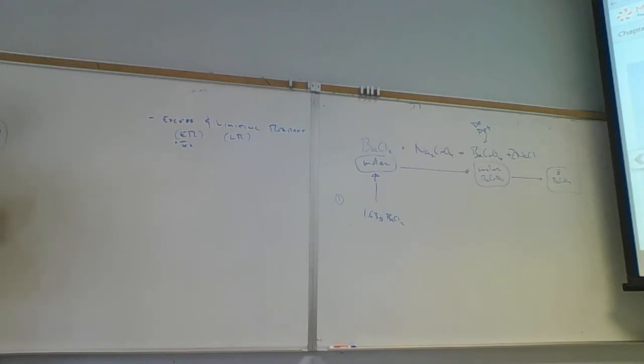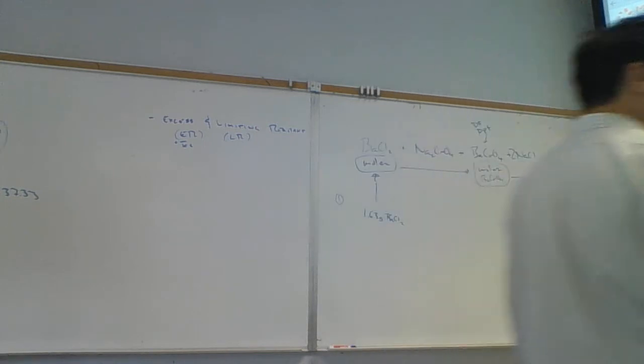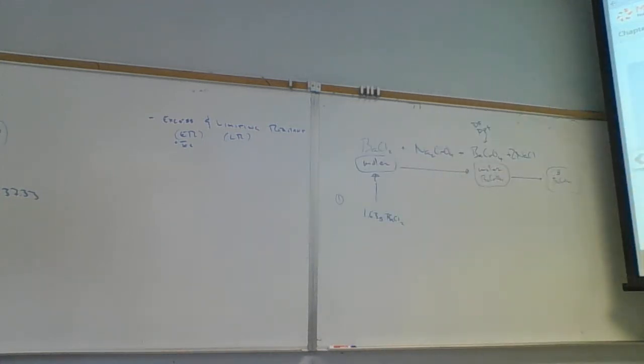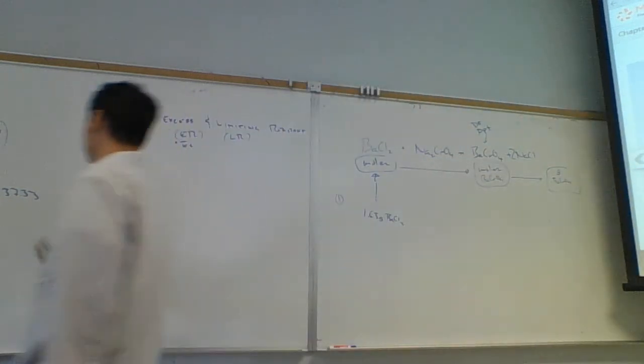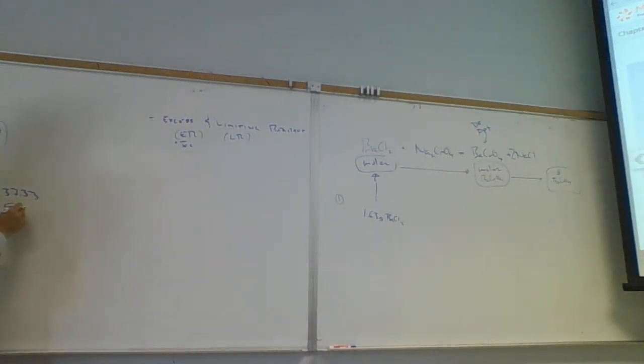Barium, 137.33. Chromium is 52.00, and then 4 oxygens.